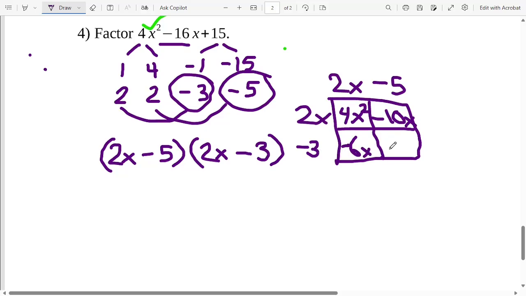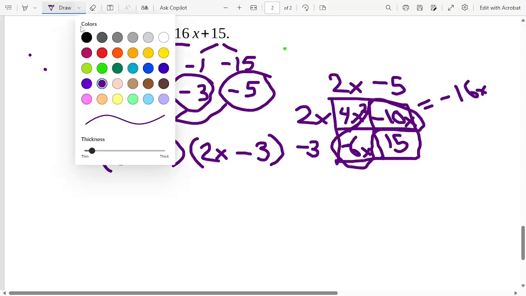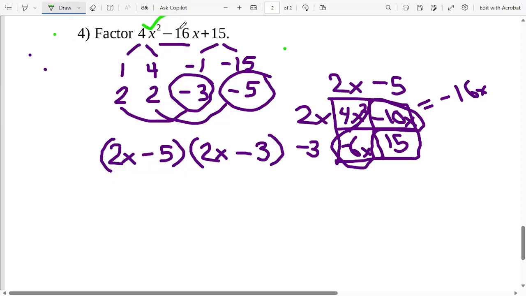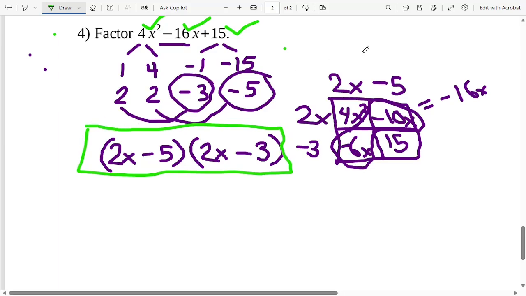Negative 3 times negative 5 is positive 15. We add these two. We get negative 16x. So that's our middle term. And we've also got the positive 15, our last term. So this is the correct factored form of this quadratic.